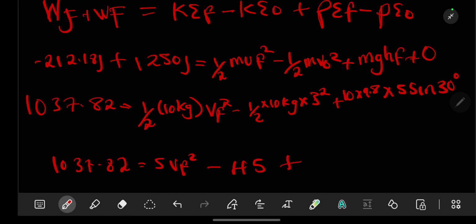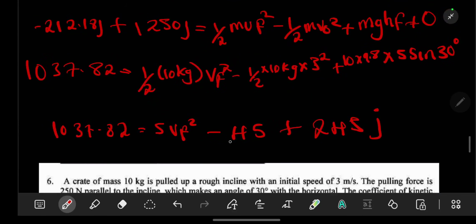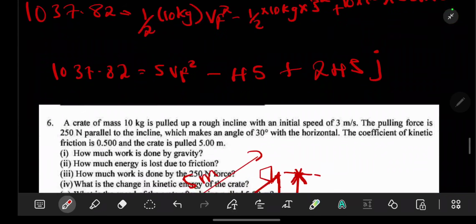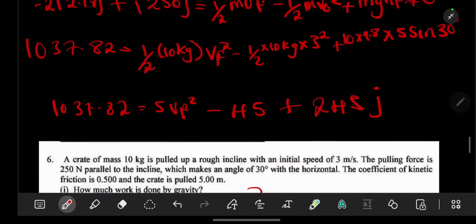which should be equal to 245 joules. So the difference between that gives us, let me just move this a bit.